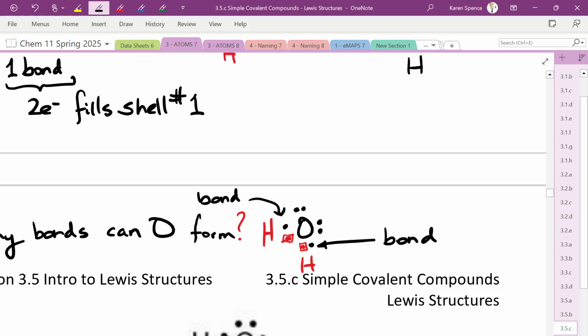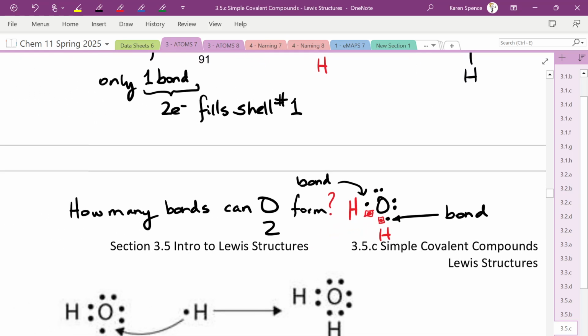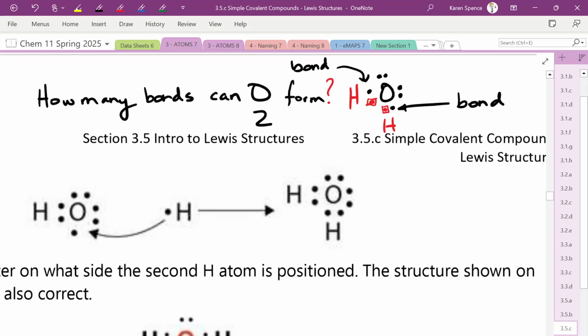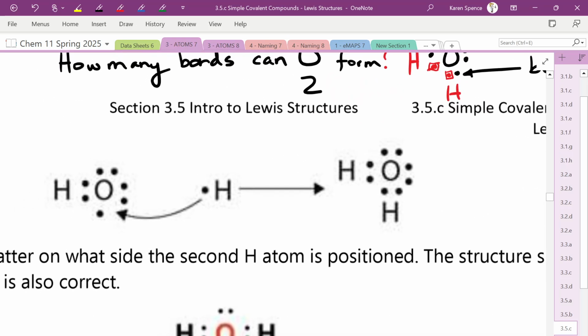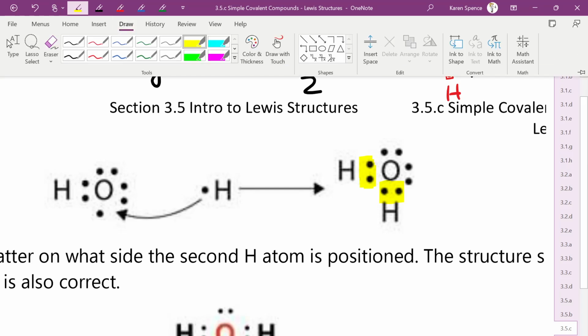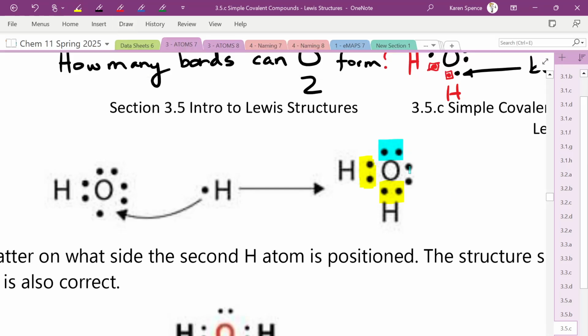So how many bonds can oxygen form? 2. Okay, and here we have our oxygen molecule. Bond number 1, bond number 2. So it has 2 bonding pairs. And how many lone pairs? 2 lone pairs.